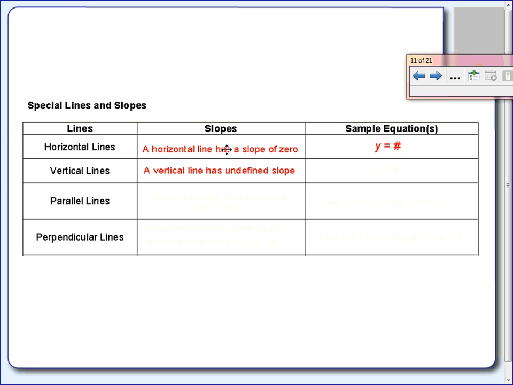It's the opposite of this first one. Instead of y equals a number, this one's going to be x equals my number. x equals 5. That would be a vertical line. x equals 20. That would be a vertical line. So notice on this one, there is no y. It's just the x.